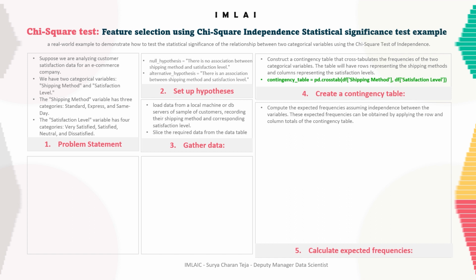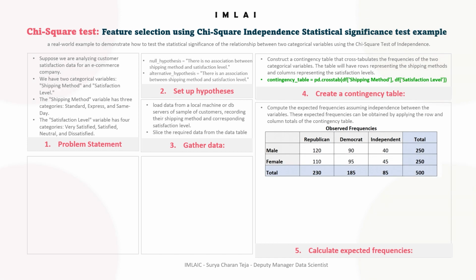Just see how to calculate. Compute the expected frequencies assuming independence between the variables. These expected frequencies can be obtained by applying the row and column totals of the contingency table. Let's say this is our observed frequency. It's just an example, not exactly our data.